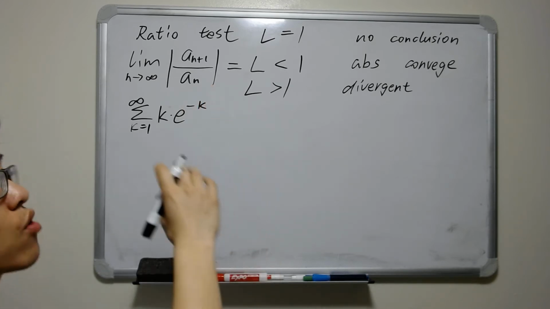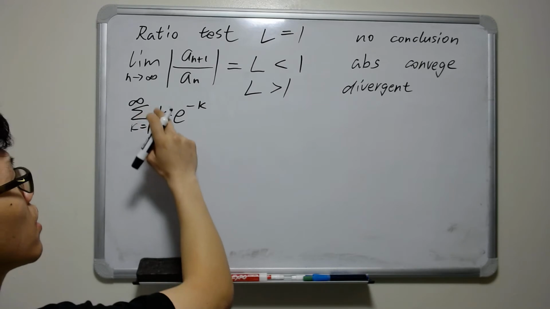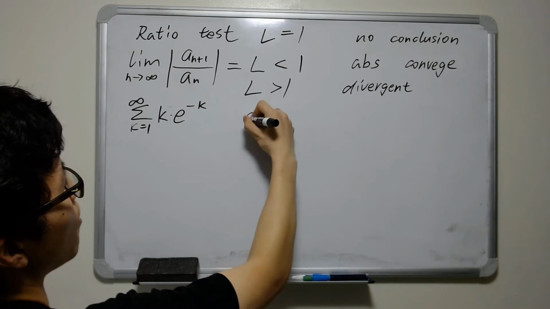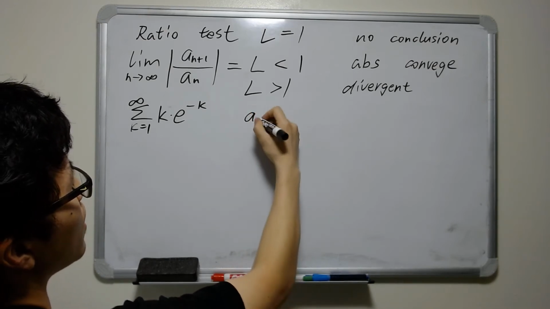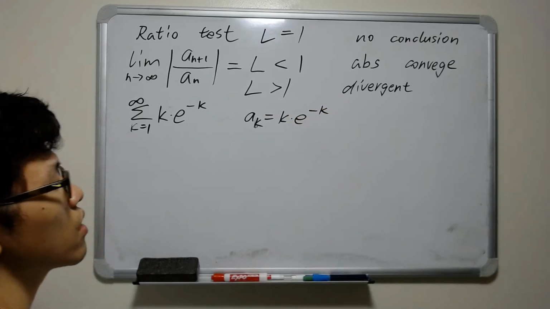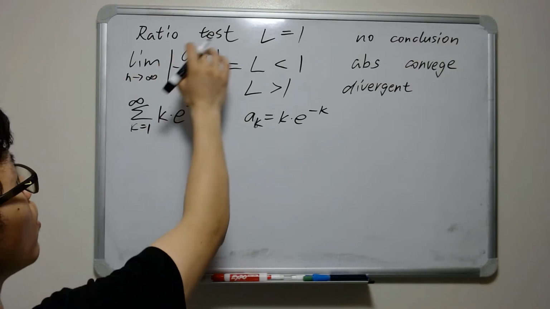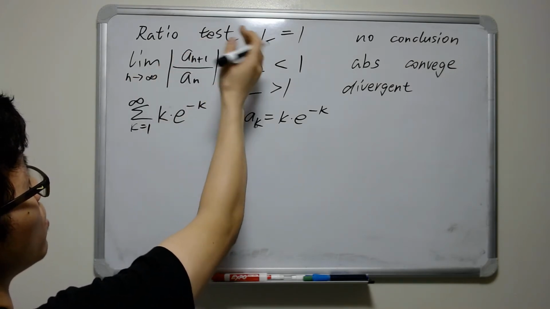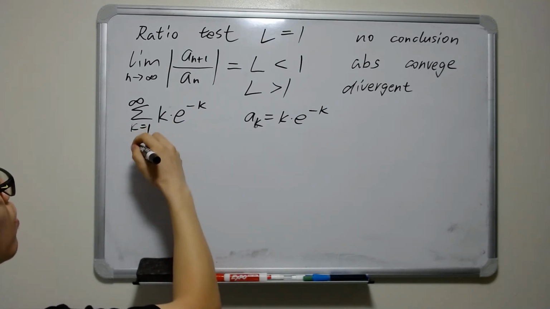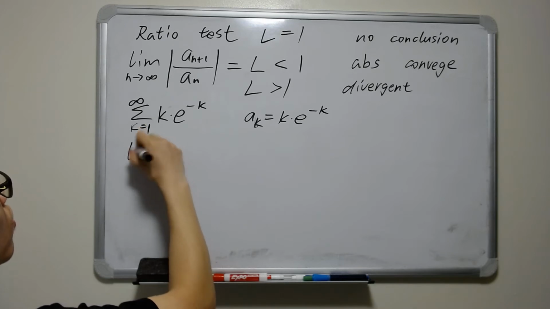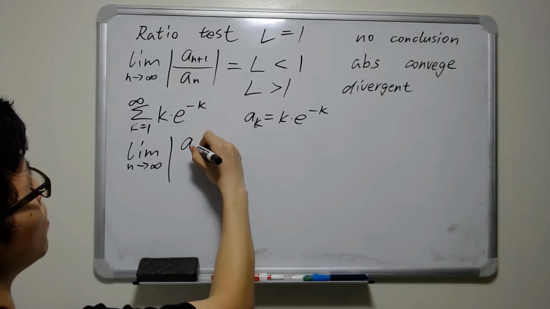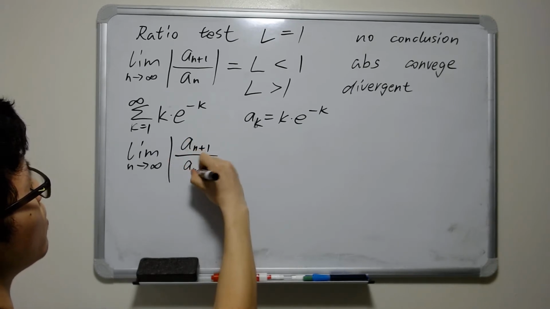Okay, so it's the summation of k from 1 to infinity, k times e to the negative k. Here we write down the a_k first. So a_k is k times e to the negative k. And then we find the limit of the ratio of the n plus 1 term to the nth term, a_(n+1) over a_n.